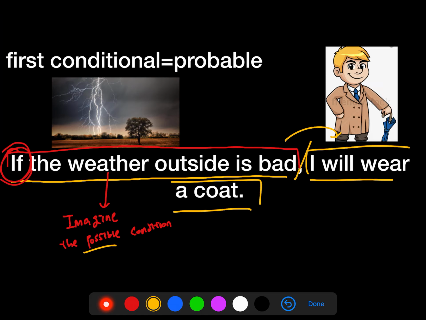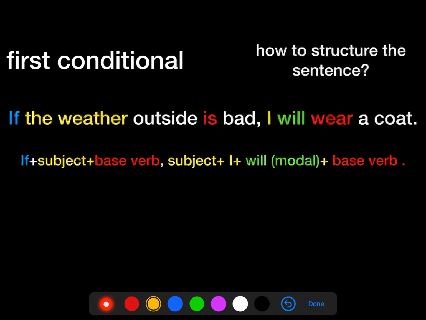So can you find the difference between the first conditional and zero conditional from now on? Yes. As we structure the sentence, we realize that first conditional and zero conditional are different when it comes to structuring the sentence.